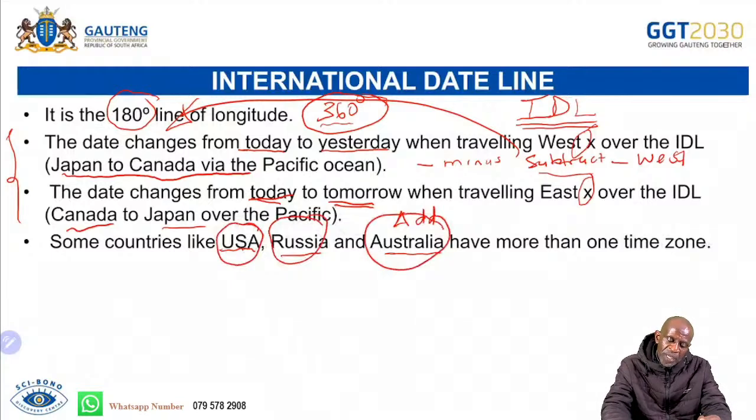So the question asking about the time in a particular city in USA would be specific, and you need to check through the appropriate time zone where it is located. So let's save this for another discussion when we'll be doing the calculations of these time zones.